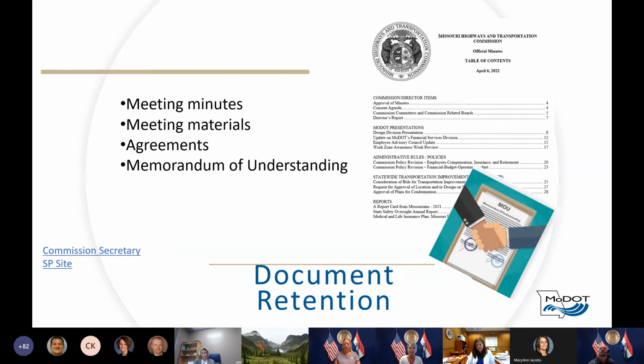For example, some of the items are bid awards, excess property disposals, local government agreements for things like roadway maintenance or urban municipal agreements related to infrastructure improvements. Other important historical information includes all open meeting material and agenda items since 2012 and all commission meeting minutes since 1921. Next slide, please.